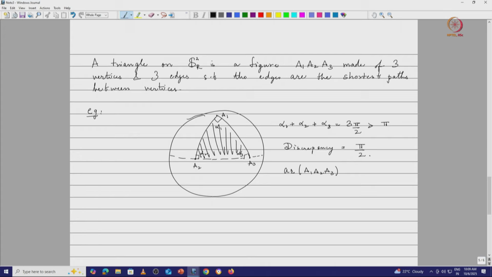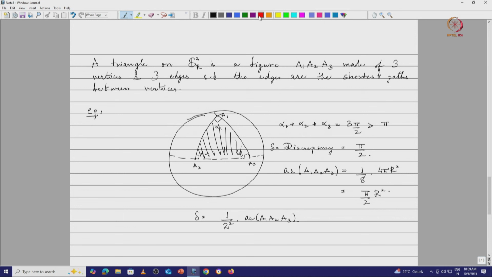Because if you make these angles pi, you can have 4 such triangles in the upper hemisphere and 4 in the bottom hemisphere. So that makes 8 triangles. So it's actually 1/8 of 4 pi r squared, which is pi by 2 times r squared. So the discrepancy, I'll call this delta, is precisely 1 by r squared times the area of this triangle.